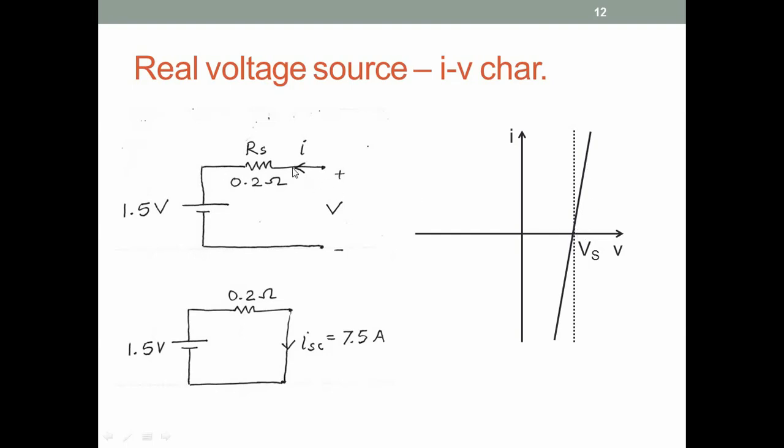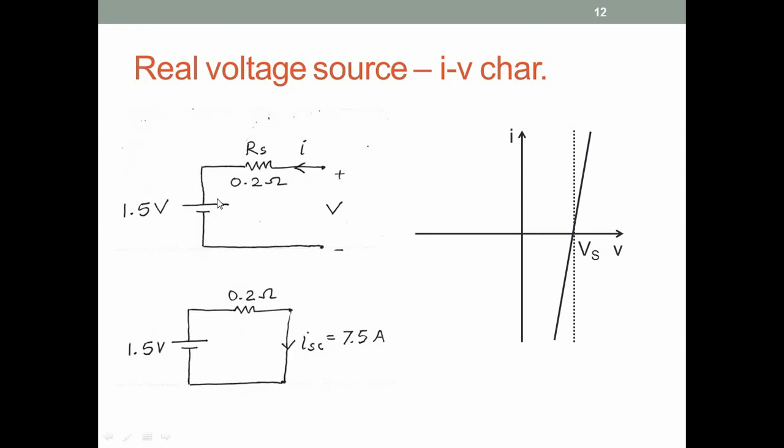Now what is happening when the current is flowing into the voltage source? That means the voltage source is receiving energy from the rest of the circuit. So this would happen when, for example, we are charging a battery.